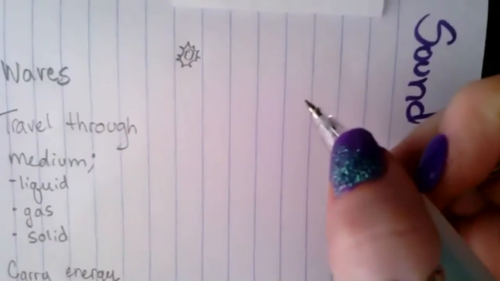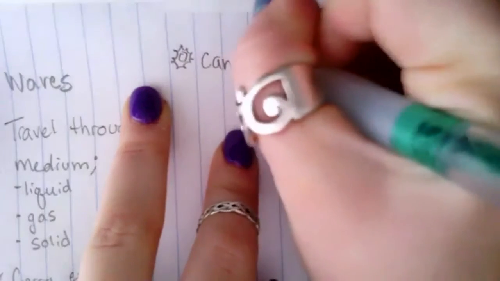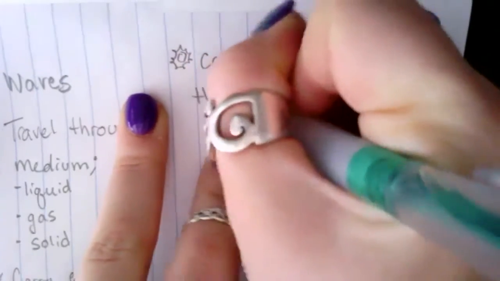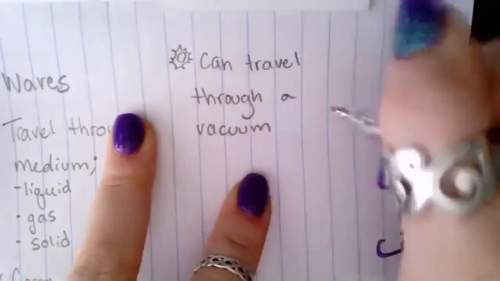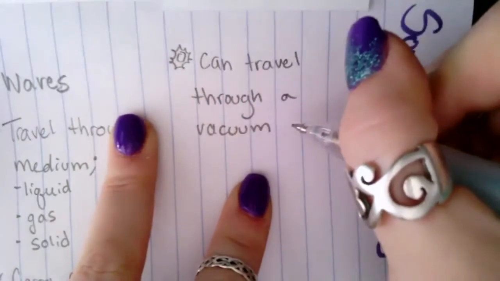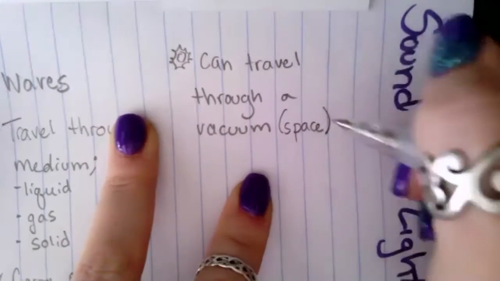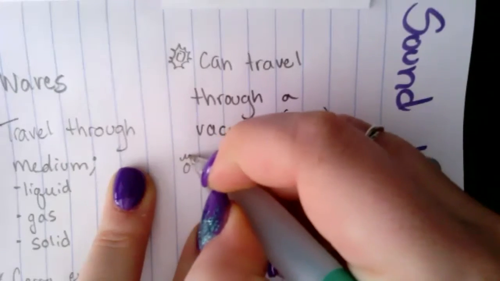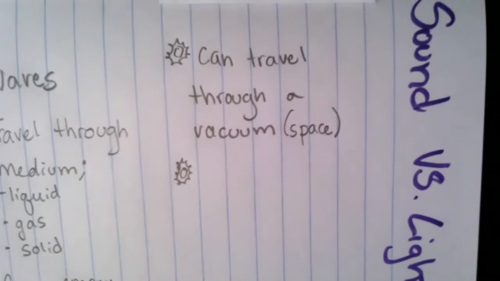Light waves can also travel through a vacuum. Yes, great job. Light waves can travel through a vacuum, or through space, which is why we get light from the sun on Earth, and why I'm drawing suns for my bullet points.